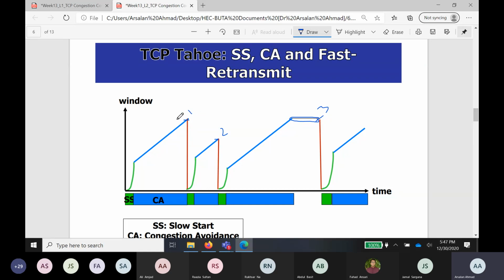We fast retransmit, and then without doing fast recovery, we move to C1 equal to 1, and then slow start. So 1 and 2 are both detected via triple duplicate ACK. On the other hand, this is detected via timeout.